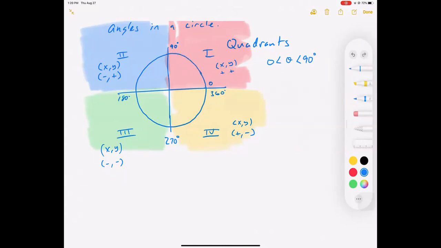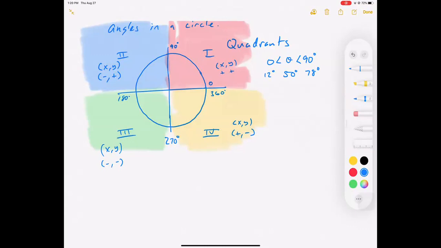So if we choose a simple example, 50 degrees is in quadrant 1. 78 degrees is in quadrant 1. 12 degrees is in quadrant 1. These are all in quadrant 1, so we automatically know, okay, angles less than 90, we're stuck in the upper right corner.